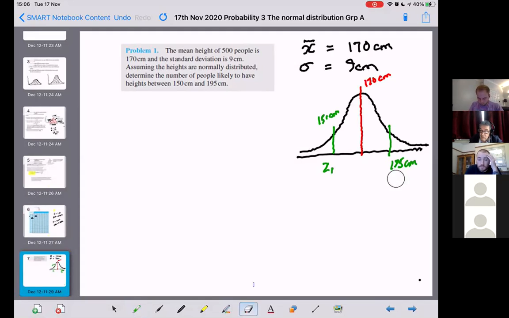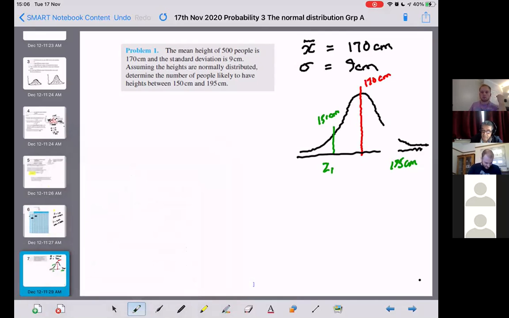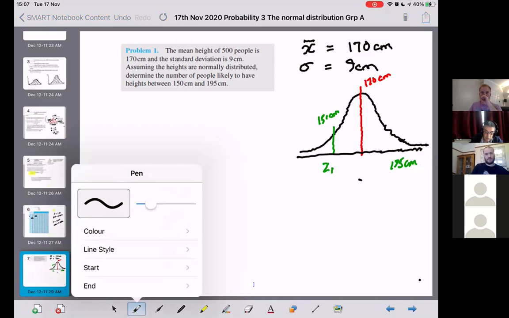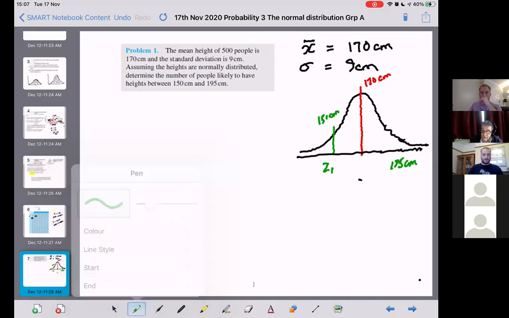Z1 will give us, when we use the table, this area.